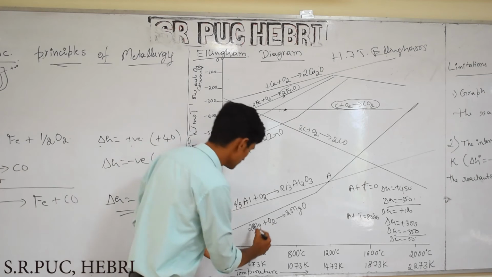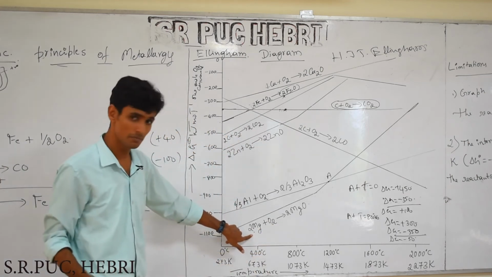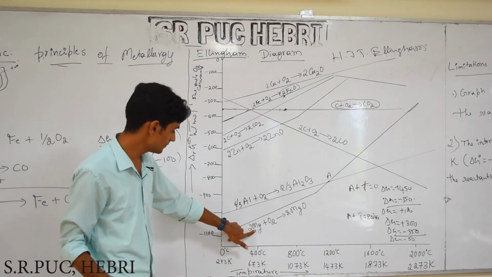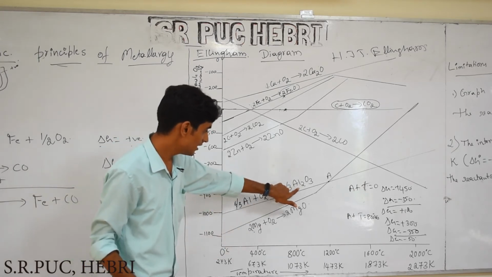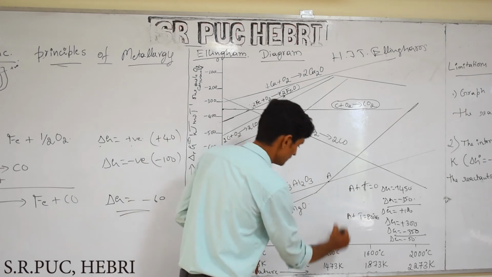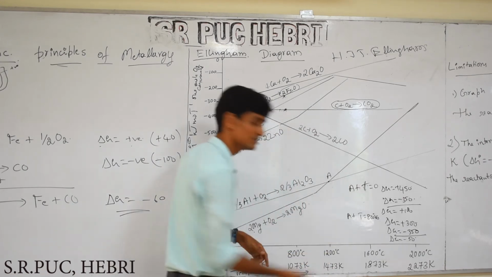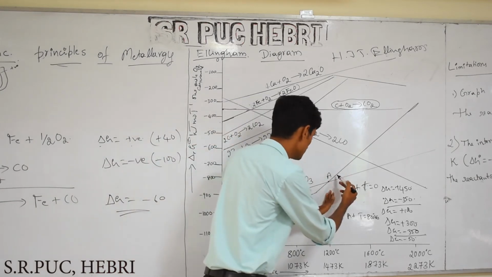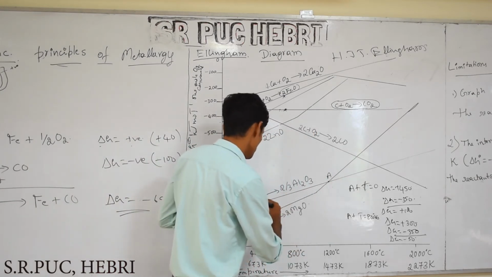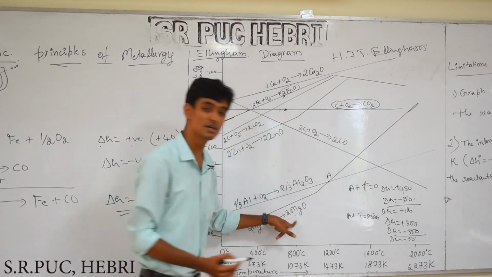For example, magnesium metal can reduce aluminum oxide up to 1200 degree Celsius. After this temperature, the aluminum can reduce magnesium oxide.